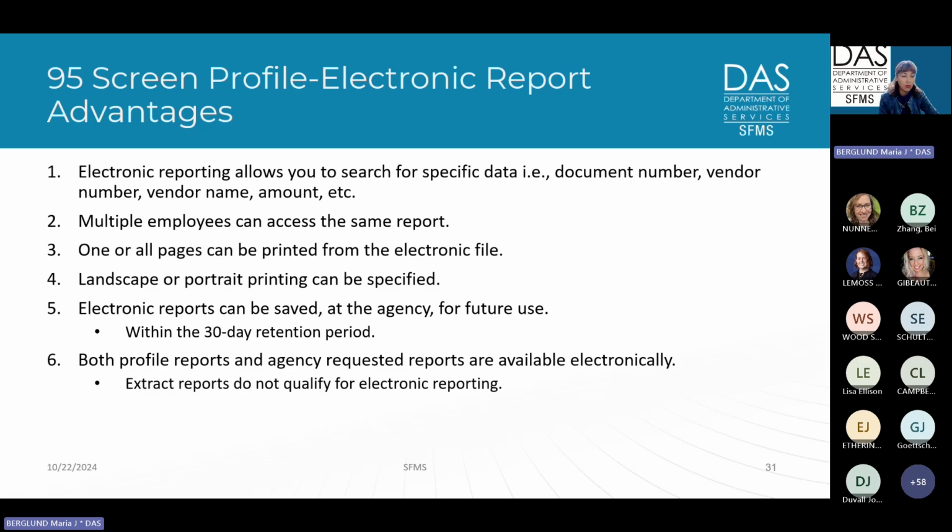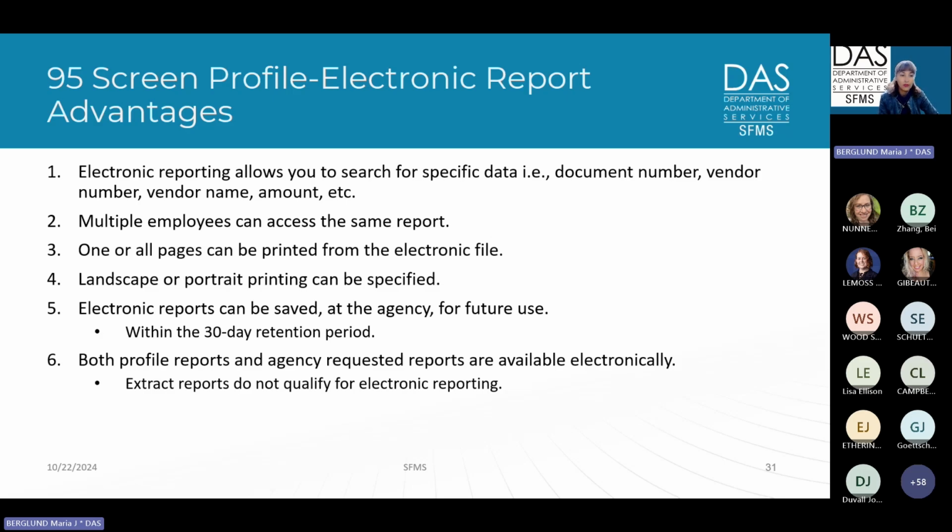And one important item to remember is that these electronic reports will stay 30 days on our website. That means for 30 days, you have access to get online to this report.